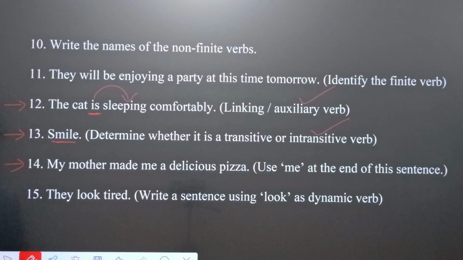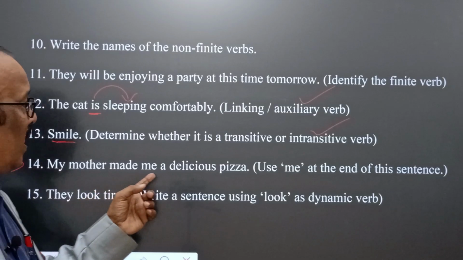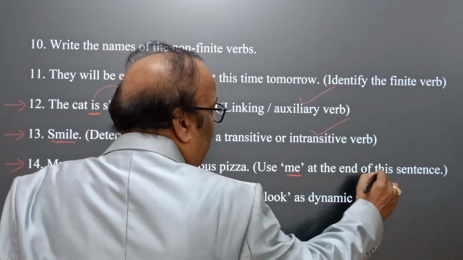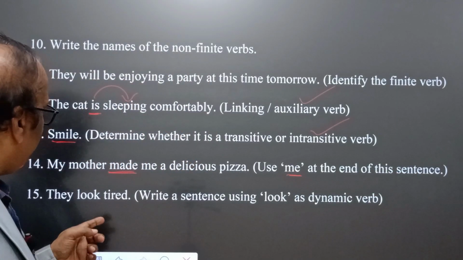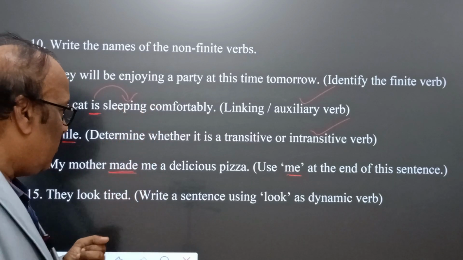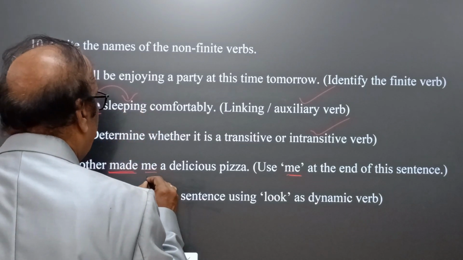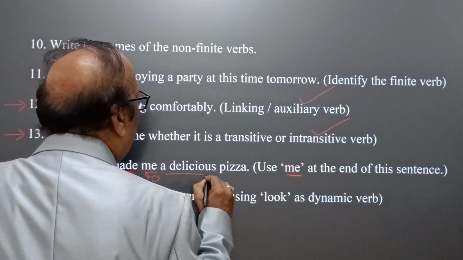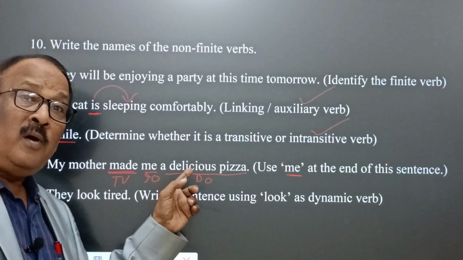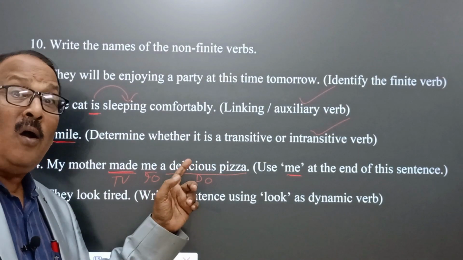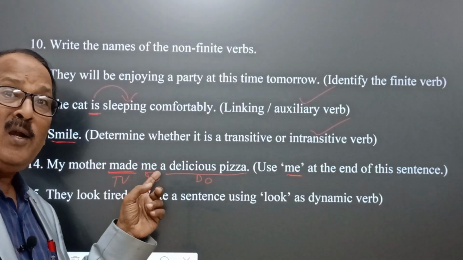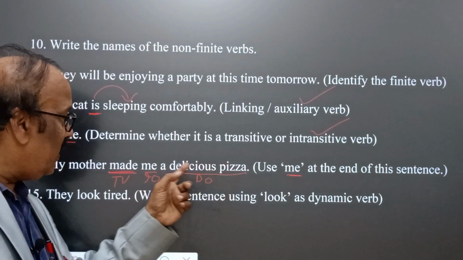Question number 14. My mother made me a delicious pizza. Here made is the transitive verb and it has two objects. One is me, that is the indirect object, and a delicious pizza is the direct object. And this is the right order of objects. If there are two objects, generally the indirect object is used before the direct object.